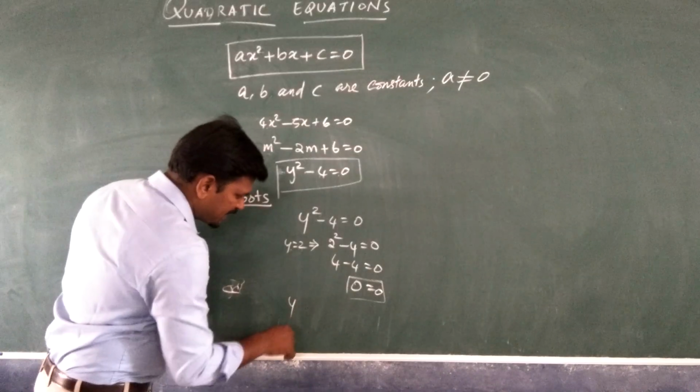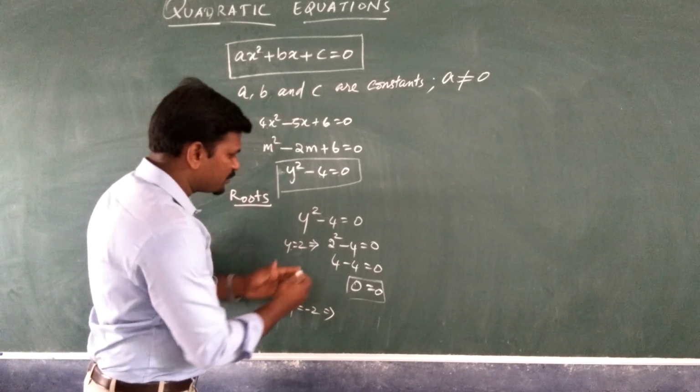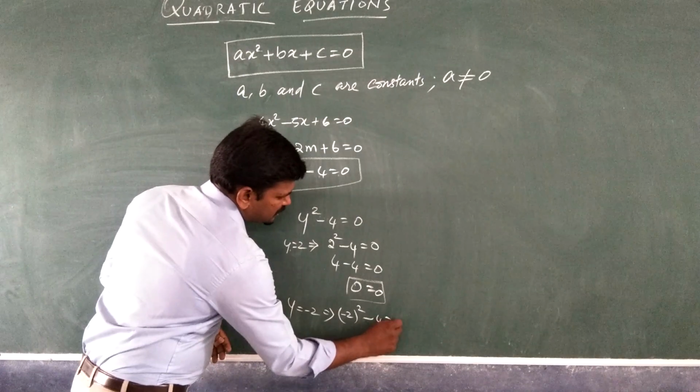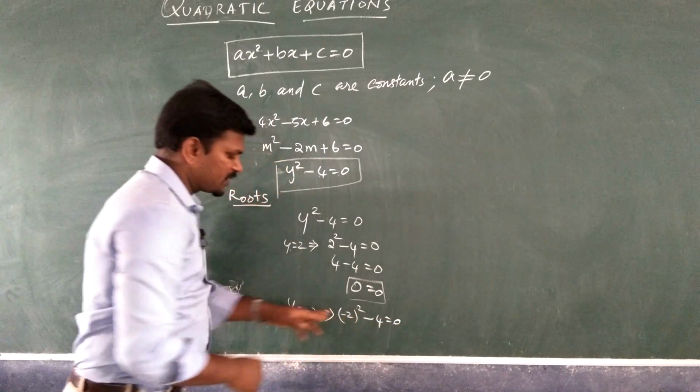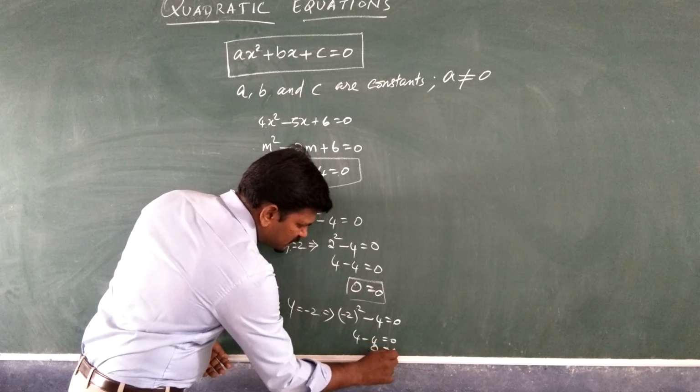So we will substitute minus 2. You will see what happens when we substitute minus 2. Minus 2 square minus 4 is equal to 0. Minus 2 square, minus 2 into minus 2 is 4, 4 minus 4 is equal to 0, 0 is equal to 0.